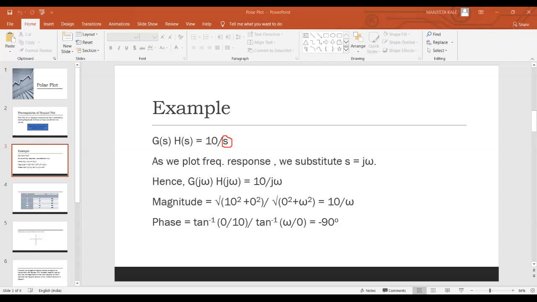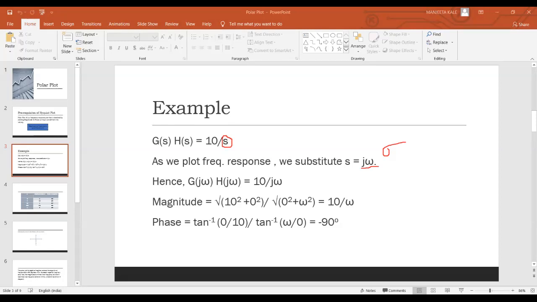But as we are interested in only the frequency part, we will substitute s equal to j omega, ignoring the sigma part, because the real part has no contribution in frequency response, right? So we ignore the sigma part and substitute s equal to j omega.